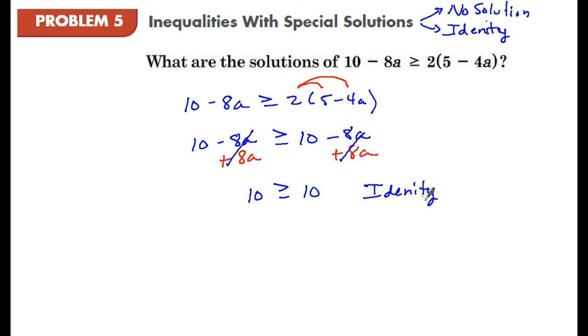Identity can also be thought of as all real numbers. That means that any number would work to make this correct, because there's no way to solve this. The numbers are equal. So we're going to say that it's all real numbers, which is identity. If the numbers were different, that example would be something of no solution.